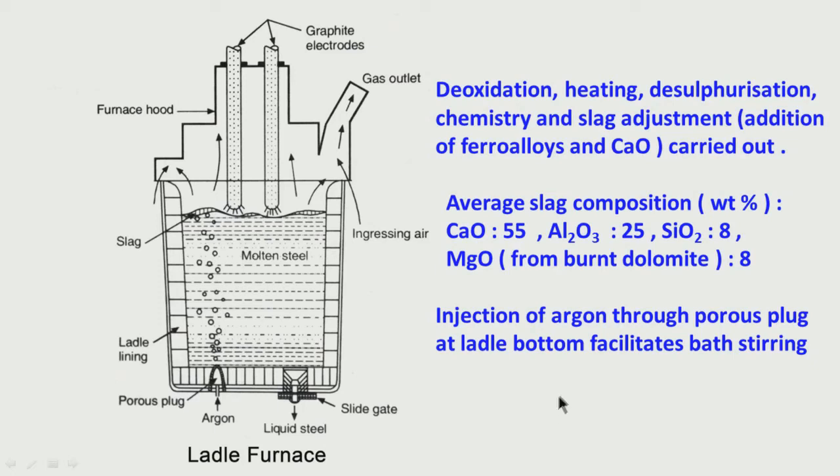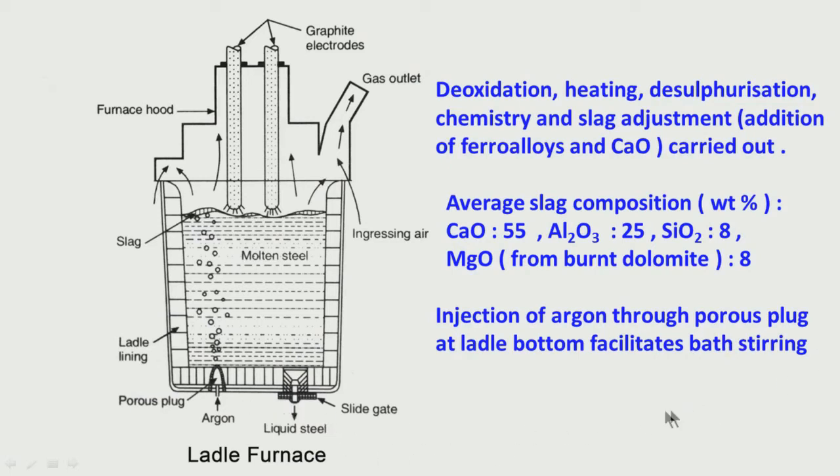So, how much argon do you purge? Also, there are theoretical calculations. I will try to talk about it separately later on, but please understand the argon purging facility is there in all ladles. So, there is a porous plug at the bottom of the ladle.